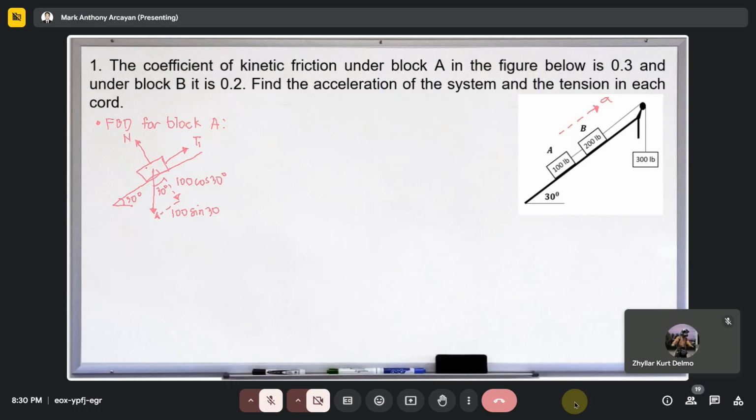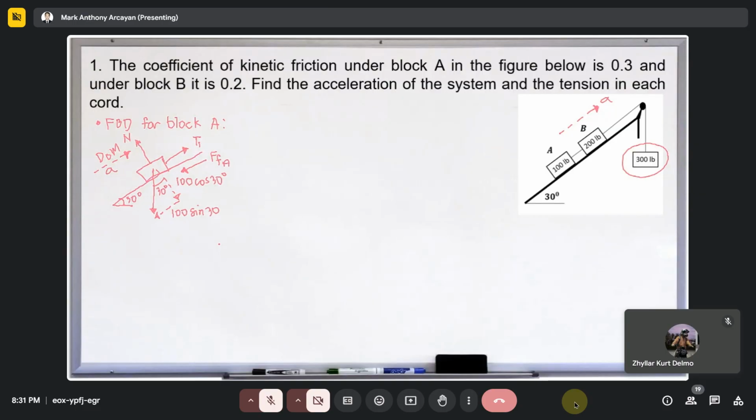Here the acceleration of this object is towards up the inclined plane because this 300-pound block that is suspended in this cable tries to pull these two blocks upwards. Therefore, we specify the direction of motion, the DOM, upwards. That is also the direction of the acceleration. With this direction of motion, the frictional force is down the inclined plane. So we have here F sub F of A.